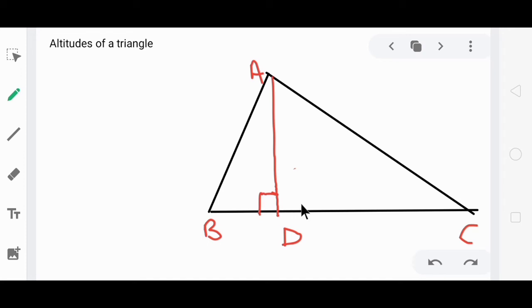Again you see, for AC, B is the opposite vertex, and if we draw a perpendicular line from B to AC, this is called the second altitude of the triangle. First altitude is AD, and second altitude is BE.